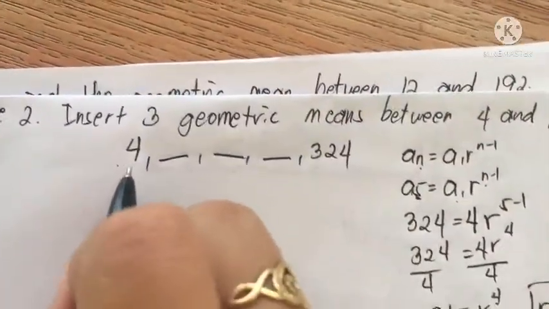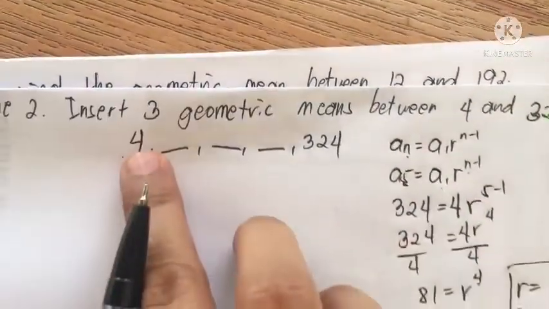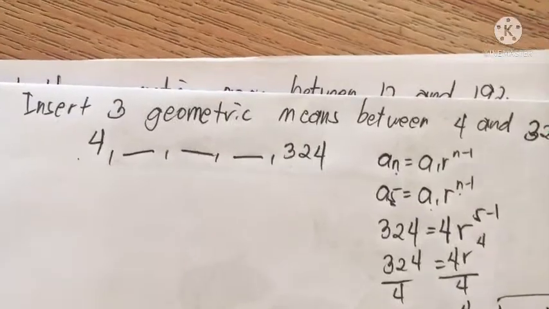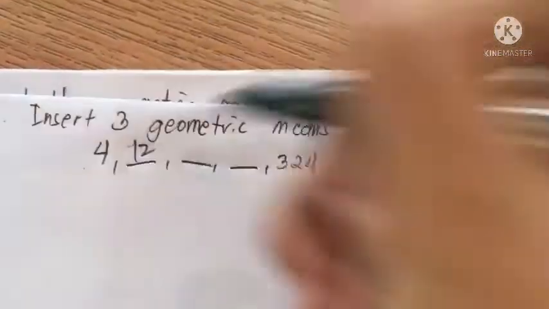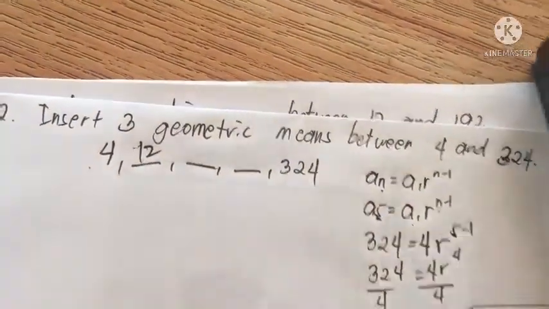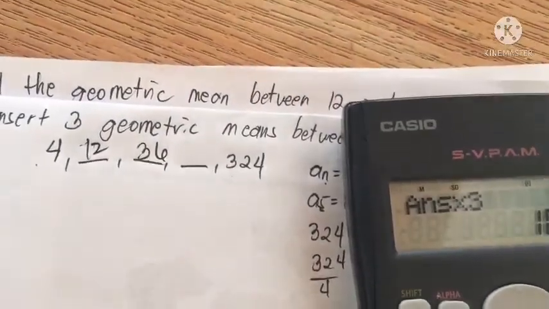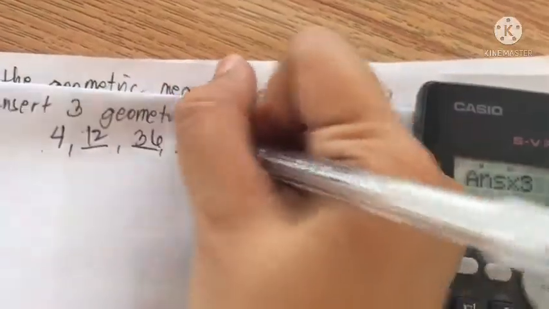Okay? So, lalagay na natin siya doon. So, we have 4 times 3, the answer is 12. Times 3 again, the answer is 36. Times 3 again, the answer is 108. Okay?